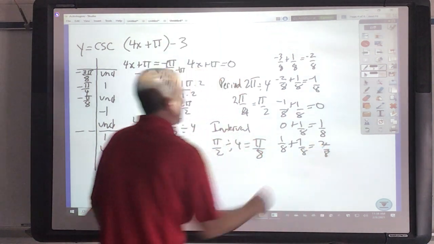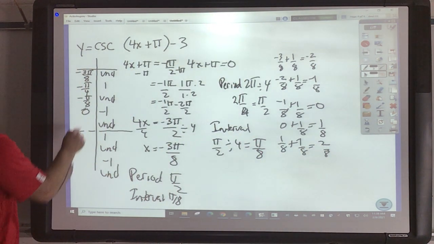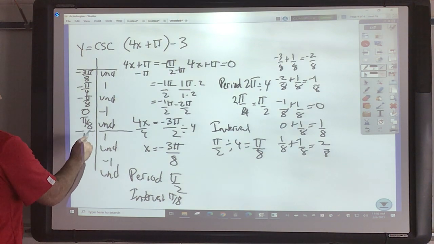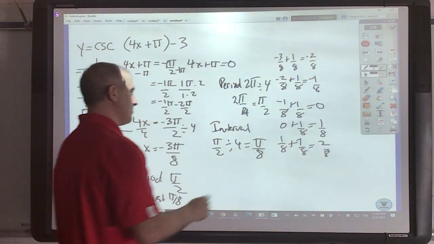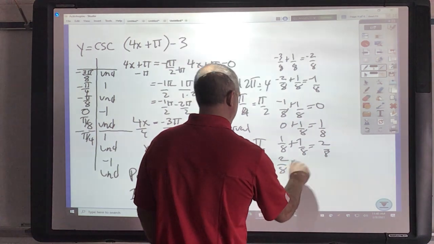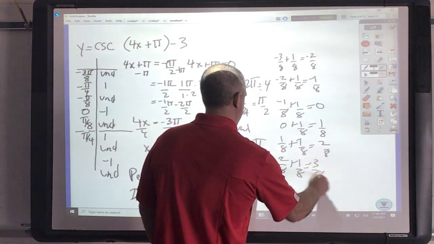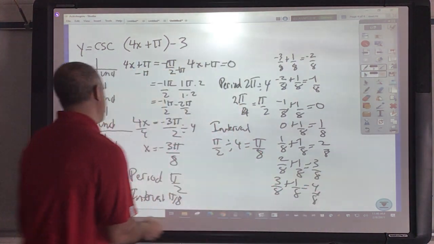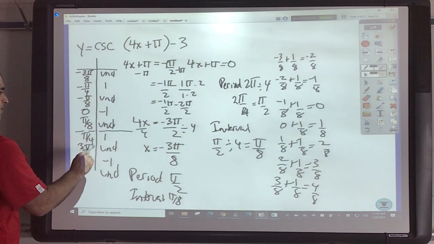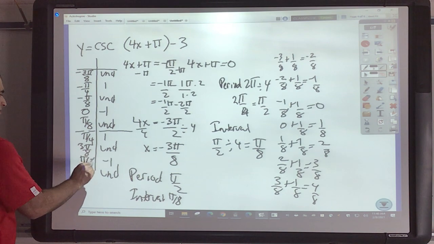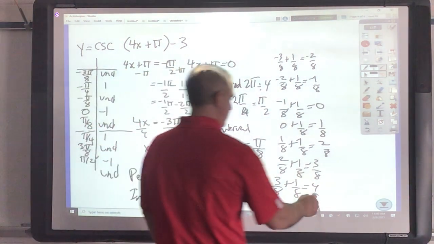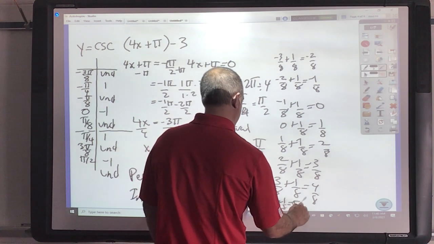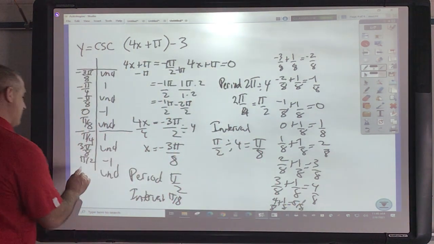So let's put all those in there. So it'd be 0, pi over 8, pi over 4 now. Okay, 2/8 plus 1/8 is 3/8, that's 3/8 pi, and 3/8 plus 1/8 is 4/8, pi over 2. And then 4/8 plus 1/8 is 5/8, okay, 5/8 pi.